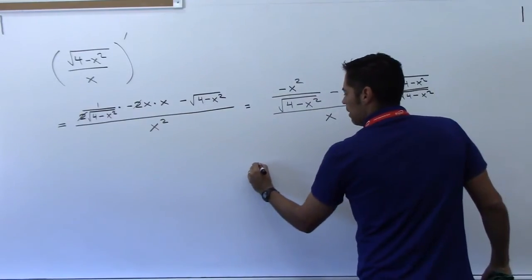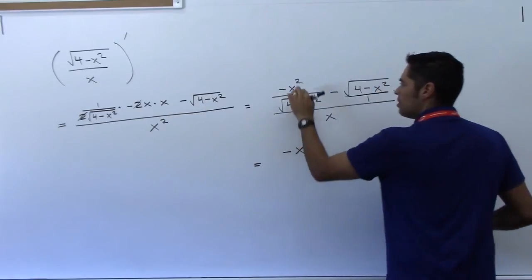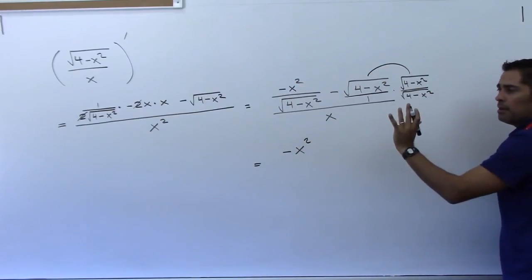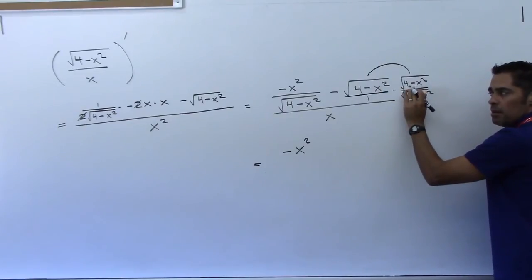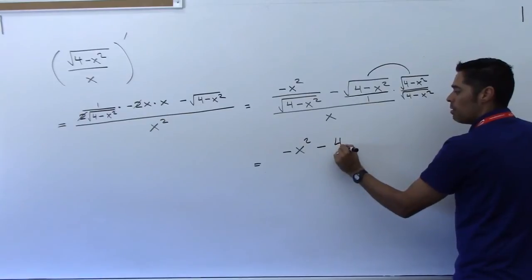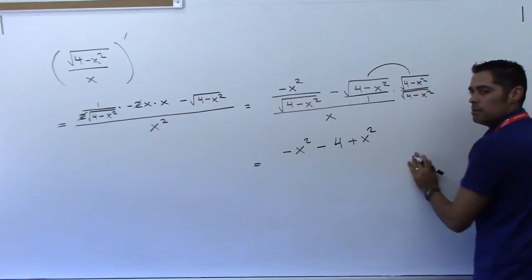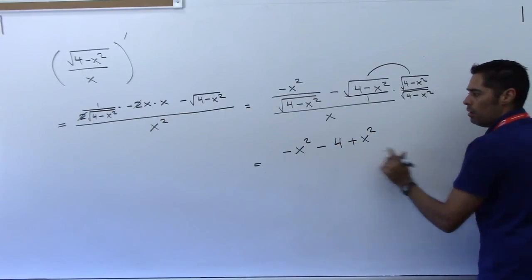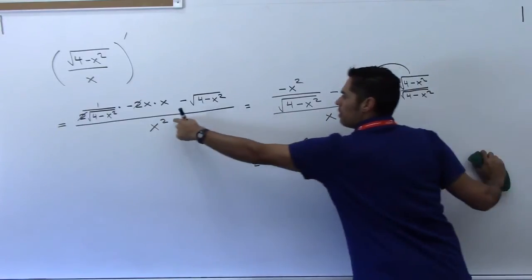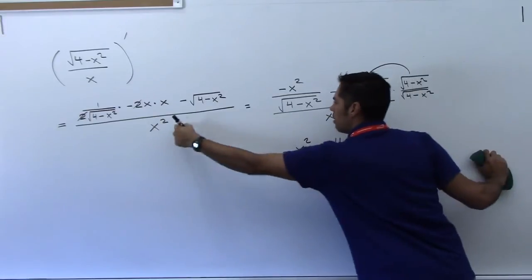So what I get is I have the negative x squared, which is this. This root times this root, the roots go away, and you just get 4 minus x squared. But it's subtraction. So it's actually minus 4 plus x squared, all over, oh, wait, hold on. This right here, x, was supposed to be squared, right? Sorry.